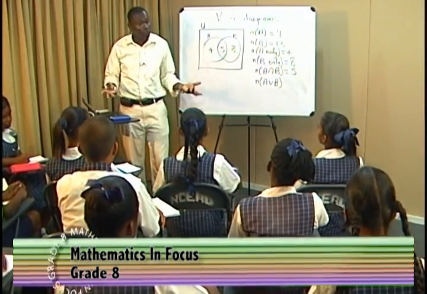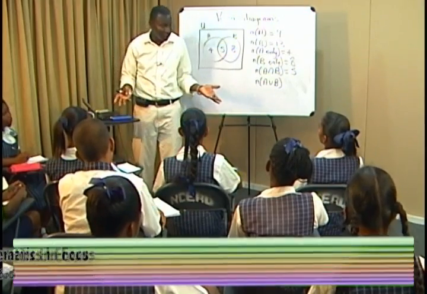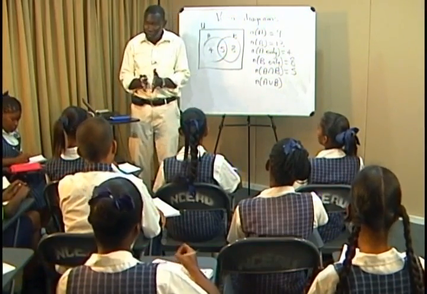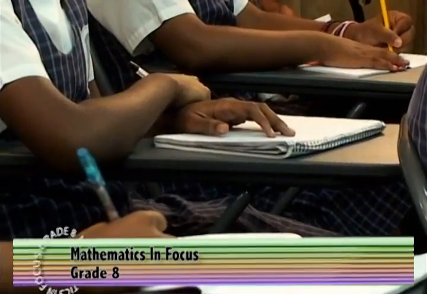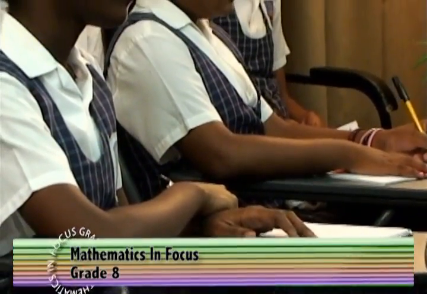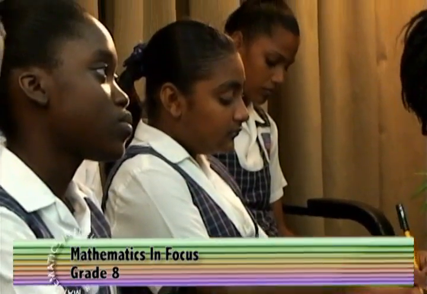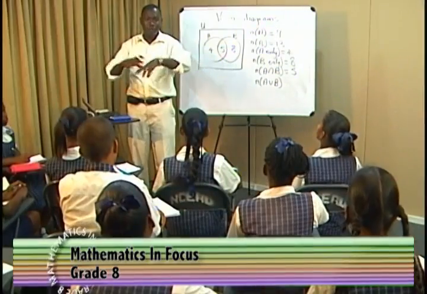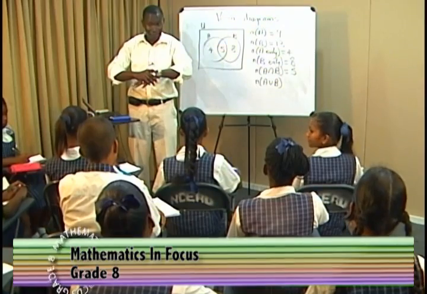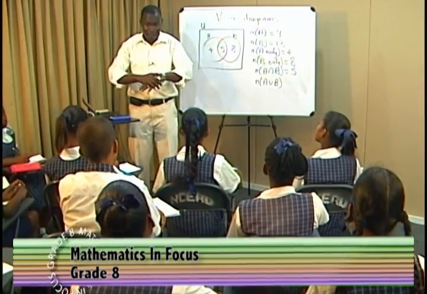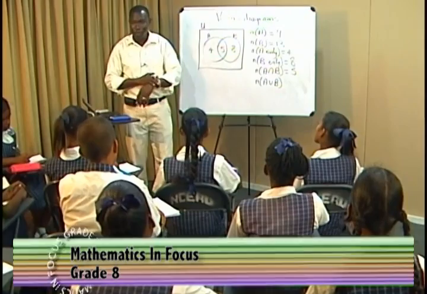We're looking for all of them who study agriculture or business. They don't have to study both, but it's as if you have two groups, the agriculture class and the business class, and you take them and put all of them in one room. Good? So how many students in total do we have now?